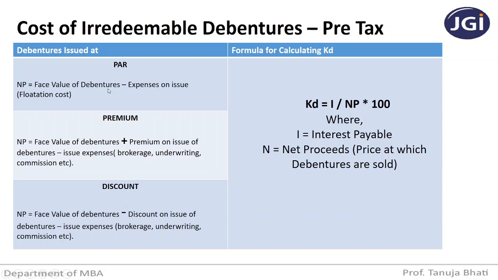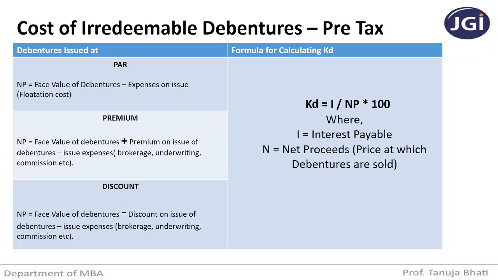So how are you going to calculate net proceeds in case when the debentures are issued at par? Face value of debentures minus expenses on issue. See, what do you mean by expenses on issue? Many a time when a company is issuing debentures, it will obviously have certain expenditures at the time of issuing, like brokerage, underwriting, commission. These are all flotation cost. All these are expenses that a company incurs when it is issuing the debentures.